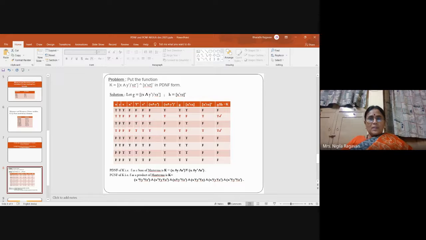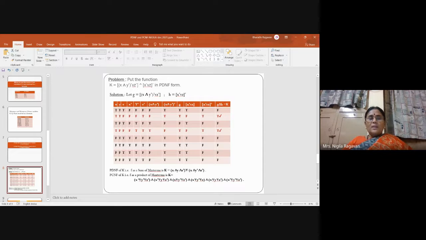Take the first row. In the first row, K gets the truth value F. What are the corresponding values of X, Y, Z? T, T, T. X is T, Y is T, Z is T. In the previous case, while framing PDNF, we had taken the truth values of X, Y, Z as such.